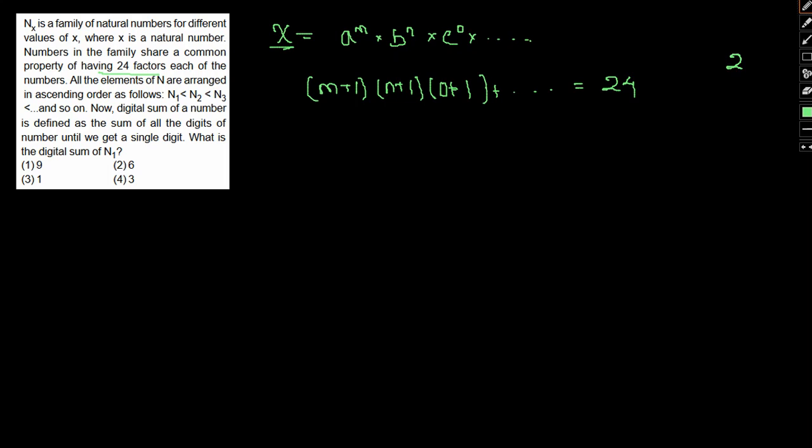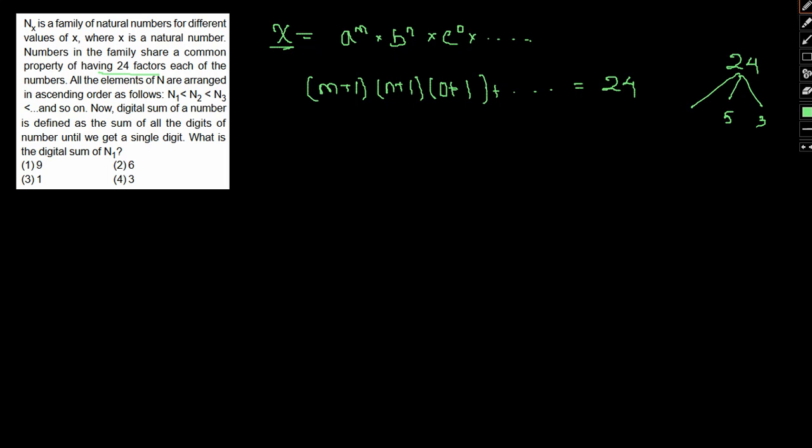If we try to divide 24, let me take 3 streams for now. Say 6 into 4 into 1, so we have the power 5 in one case and the power 3 in another case.